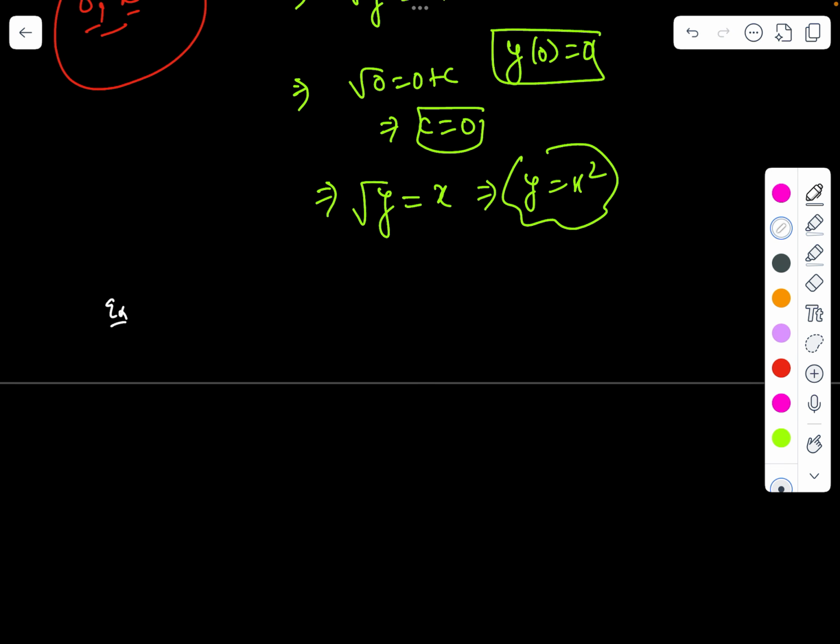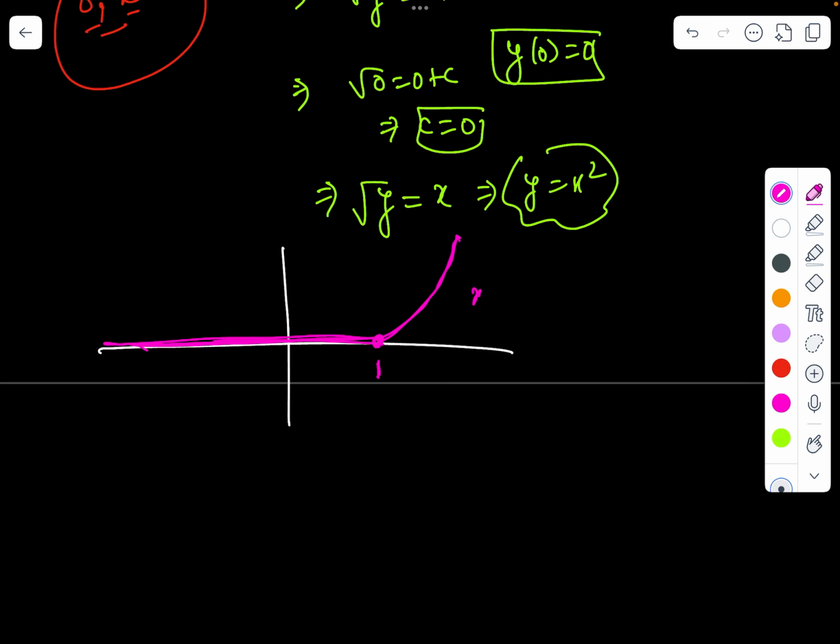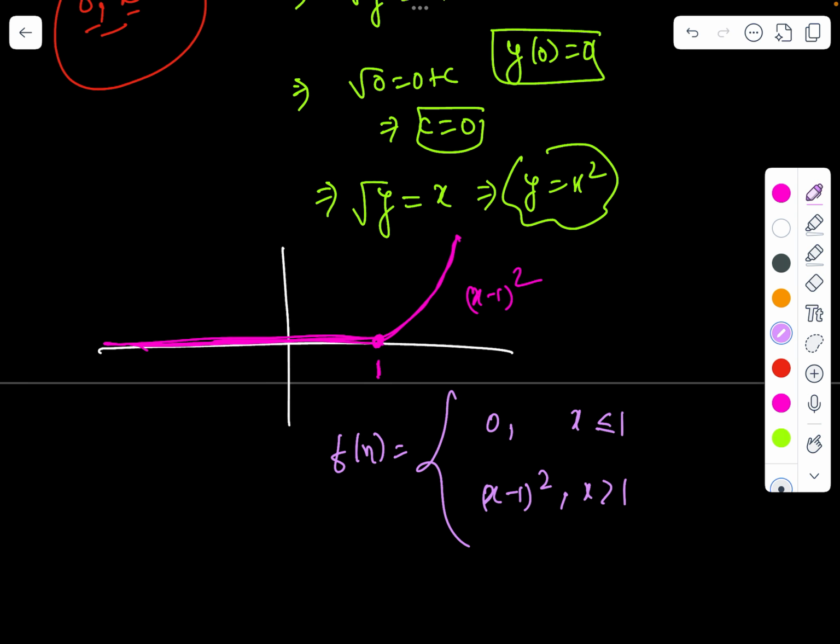For example, you can see this case. What if the function was 0 till a particular value, let's say 1, and then it becomes some x square, maybe let's say x minus 1 whole square? What I'm saying is, what if I define the function as 0 for x less than or equal to 1 and x minus 1 whole square for x greater than 1?